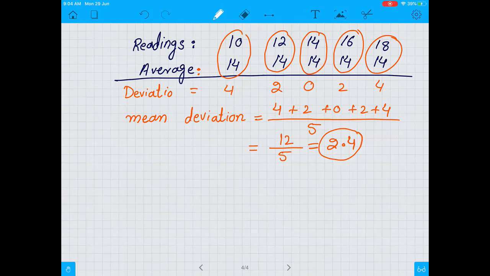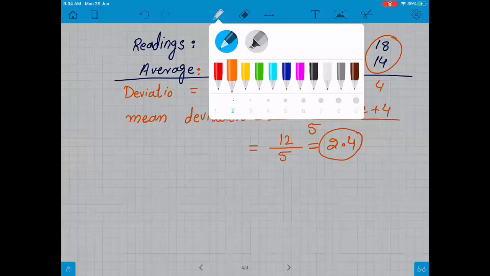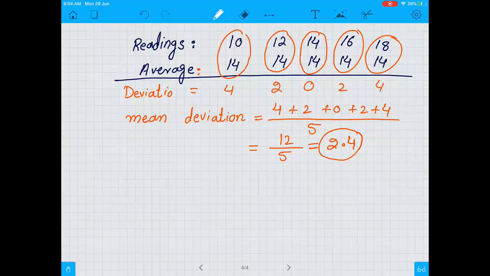Now, random uncertainty is written as a plus minus, and it is written up to one significant figure. So this 2.4, if it is written up to one significant figure, random uncertainties are to be written in one significant figure. This mean deviation is to be rounded off up to one significant figure, that would become 2.